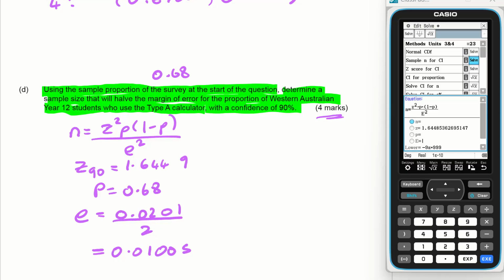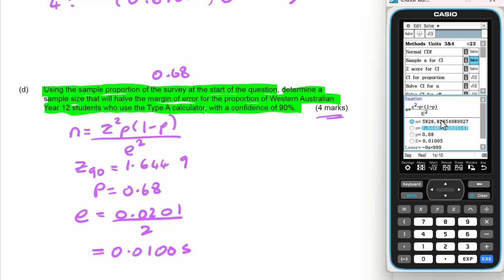And then we're just going to substitute everything in. So our P over here is 0.68. The E is 0.01005. And then solve.